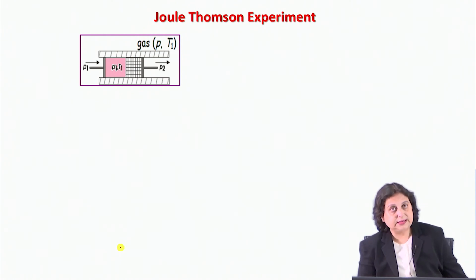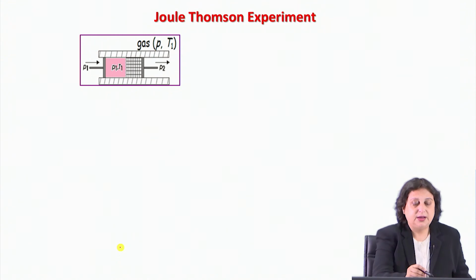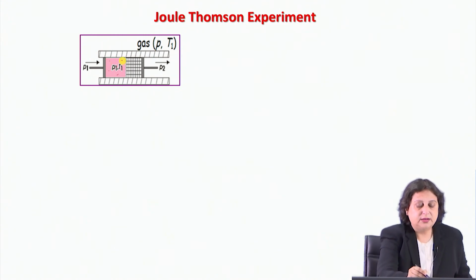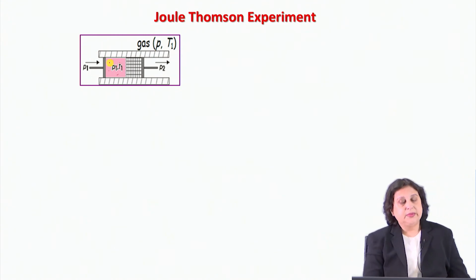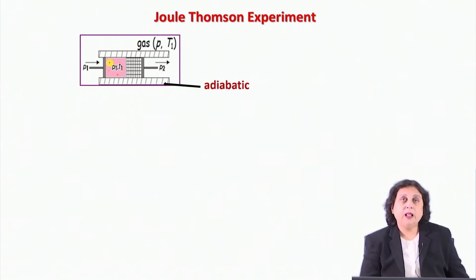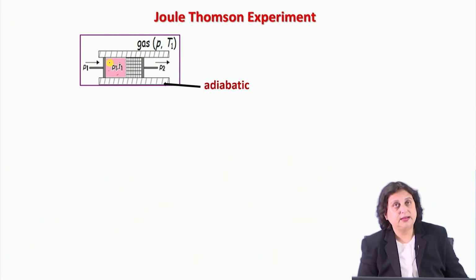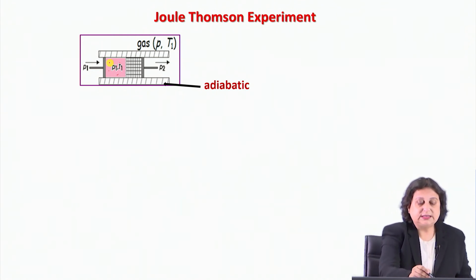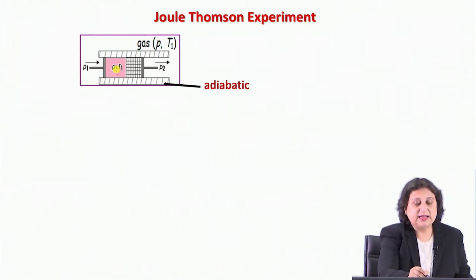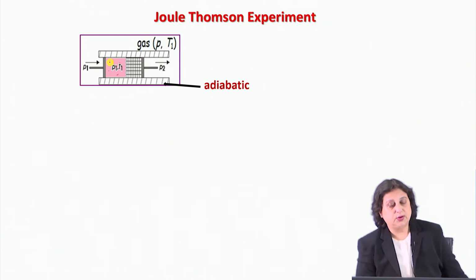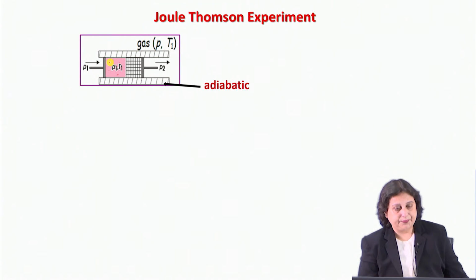I have a gas which is shown in this pink compartment. It is contained within this compartment and has a surrounding which is adiabatic in nature. On one side, I have a piston which pushes this gas and maintains it at a constant pressure P1 at a temperature T1.